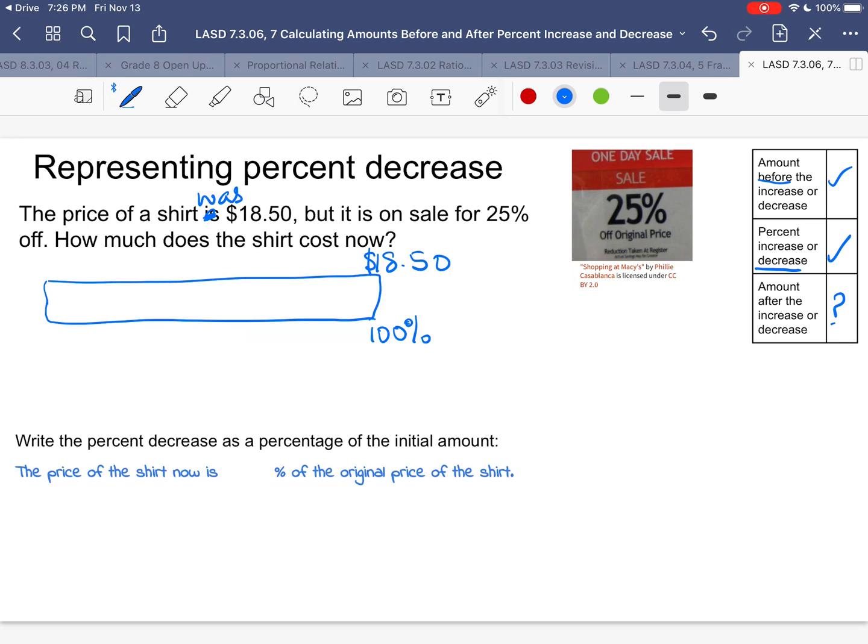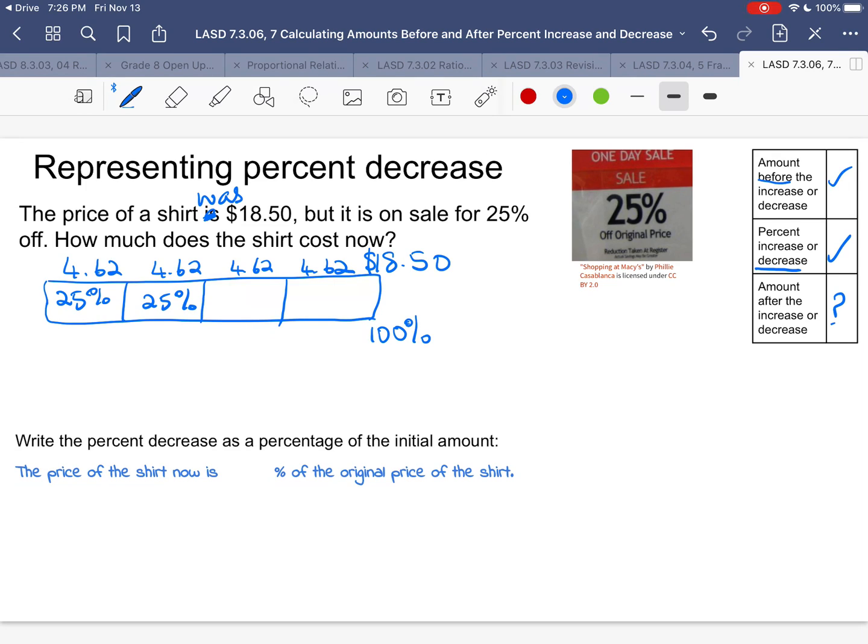And there's 4 25s in 100. So that's kind of an easier drawing because I just divided in halves and quarters. Each of these is 25%. And I'm also going to divide the $18.50 by 4, and I get $4.62 for each of these sections all the way across.